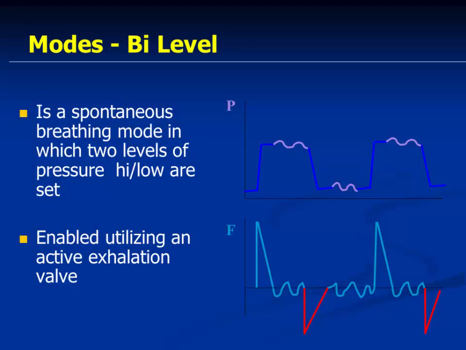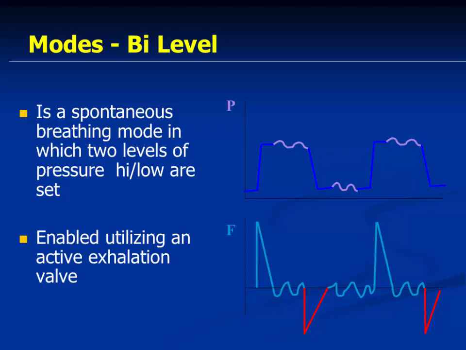Coming to bi-level ventilation, as in the previous discussion, Dr. Goel has already discussed the difference between NIV and bi-level. So what is bi-level? In this bi-level, can you see these lines? So there are two pressures, pressure 1 and pressure 2. The patient is allowed to breathe on both levels, at high pressure as well as low pressure.